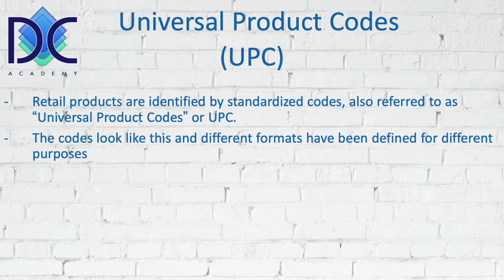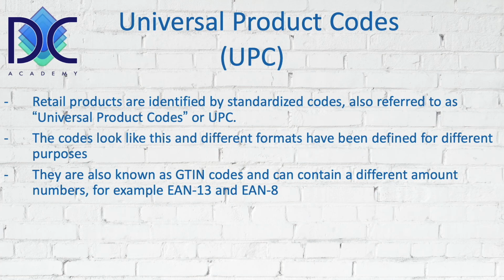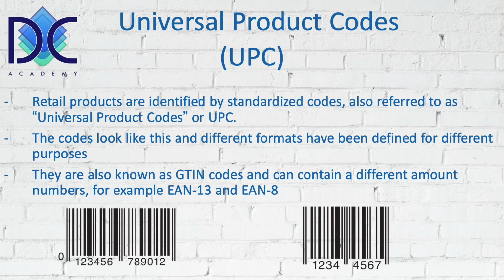So basically, you can identify these elements. Now, the codes look like what we have here in the bottom. We have some codes here. We have the different formats, and typically there is a relationship between the thickness of the lines and the number, but we're not going to talk about that. We're just looking at how those codes look. We also call them GTIN codes, and typically what we find on goods we buy are the EAN 13 and the EAN 8 codes.